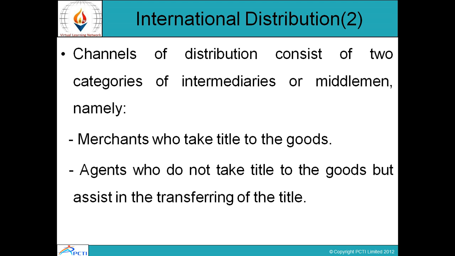First are merchants, who take the title of the goods, who buy the goods and sell them in their own name, and another is agents, who do not take the title of the goods but assist in transferring the title. Each member of the channel is a link in the distribution network of an organization that extends from the producer to the user of products and services.